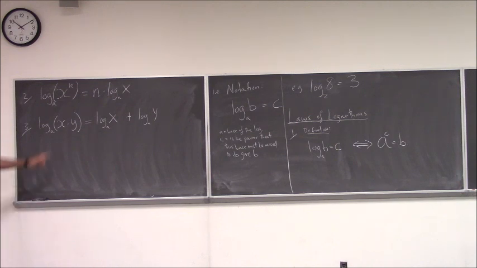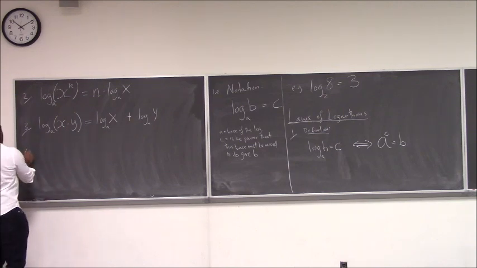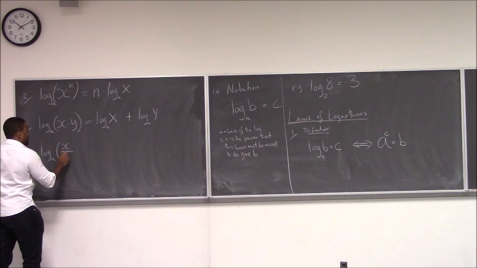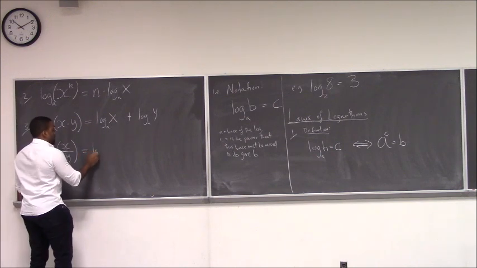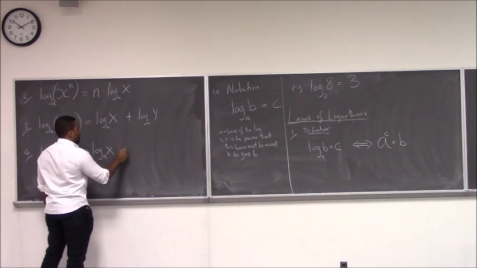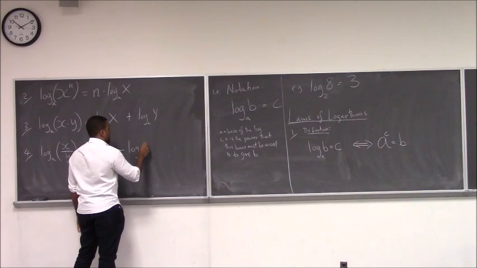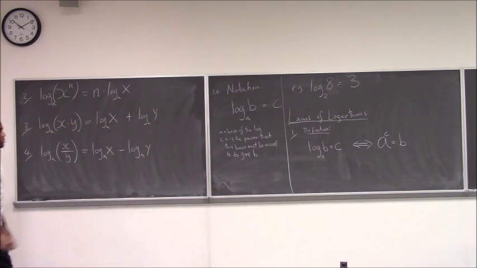And this is because if I multiply things of the same base, I'm adding the powers. In a similar fashion, I can have log of a division. Now if I have log of a division, that is the subtraction of the logs. So I can turn an expression like this into an expression like that, and vice versa.